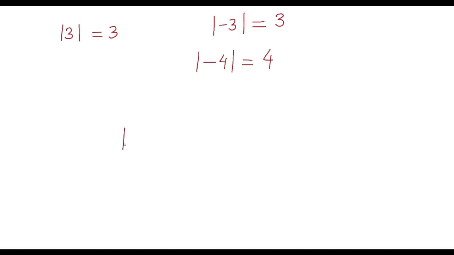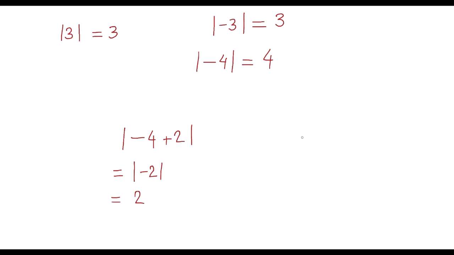But when you have some kind of calculation inside the absolute value, suppose negative 4 plus 2, then you have to do the calculation first, then find the absolute value. You will do the calculation inside. You have negative 2 inside. Now you will find the absolute value of negative 2, that is 2.